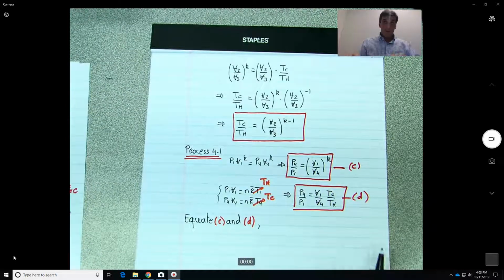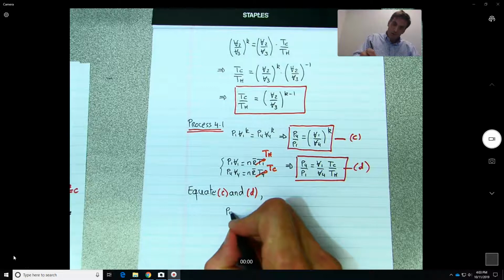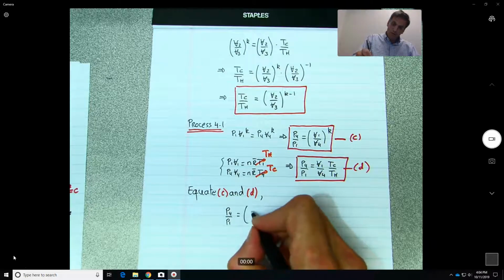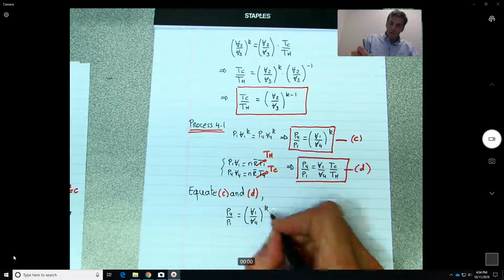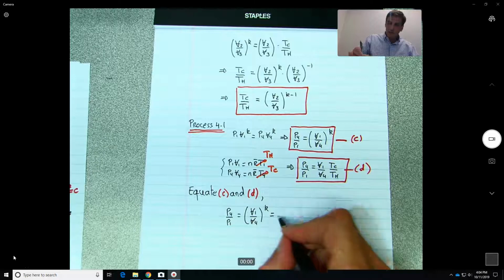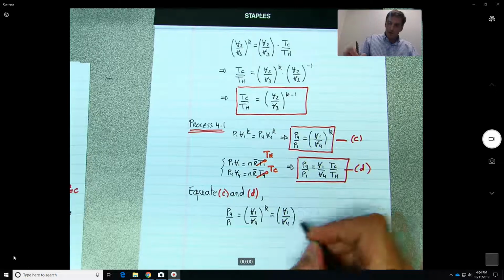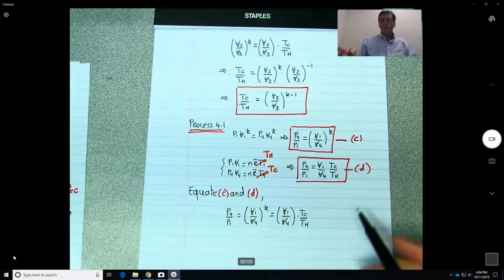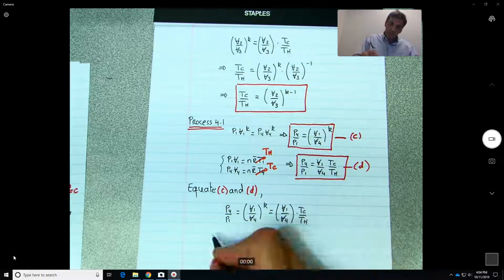And what do we get? P4 over P1 equal to V1 over V4 to the K equals V1 over V4 times Tc over T hot. So basically here you can see the idea is to equate this Tc to this Tc.